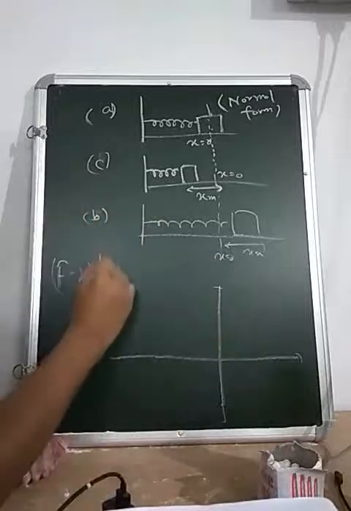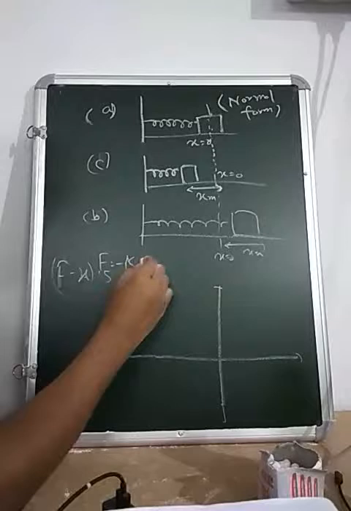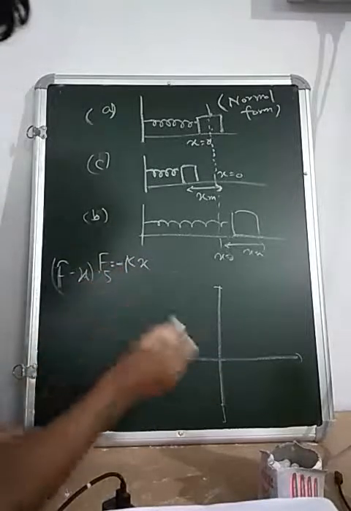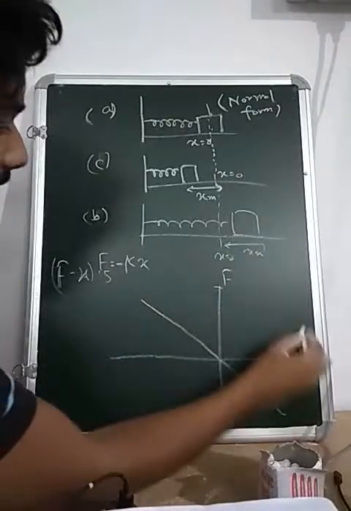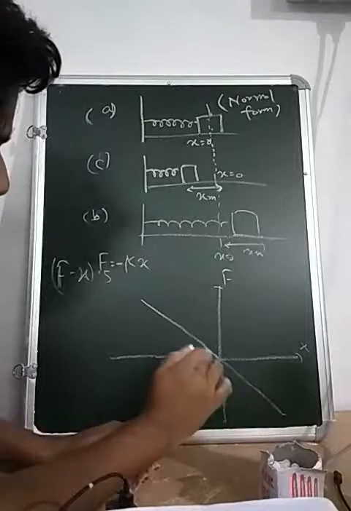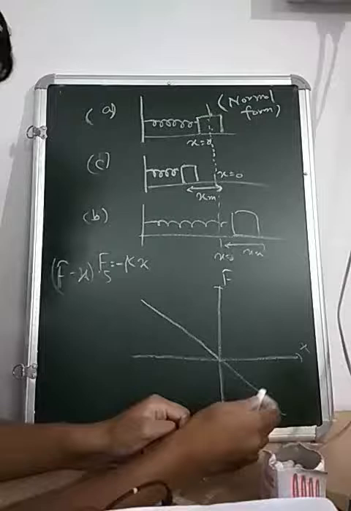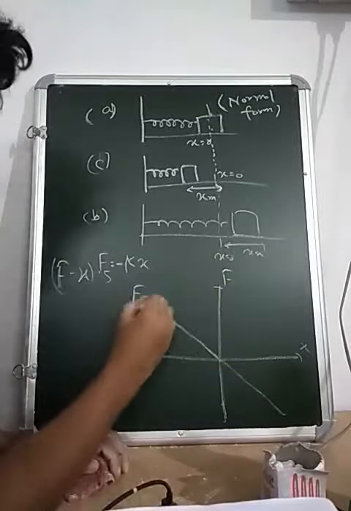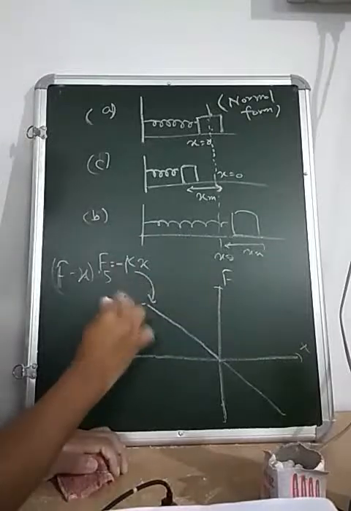See, force on the spring, F equal to minus k into x. So this has a negative slope, so it will be like this, passing through the origin. This is the graph of F equal to minus kx. From this graph also we can find the work done.